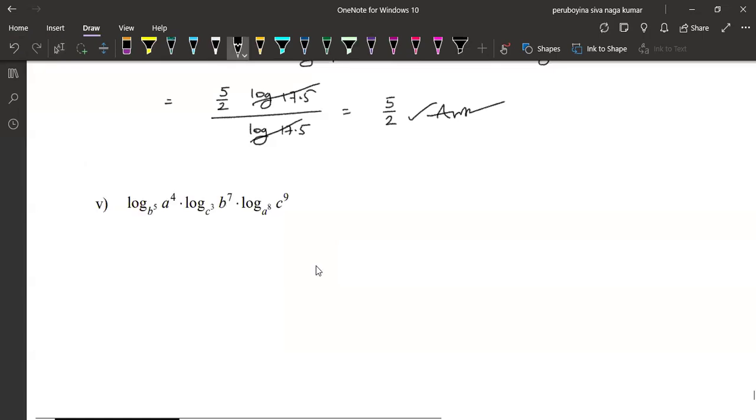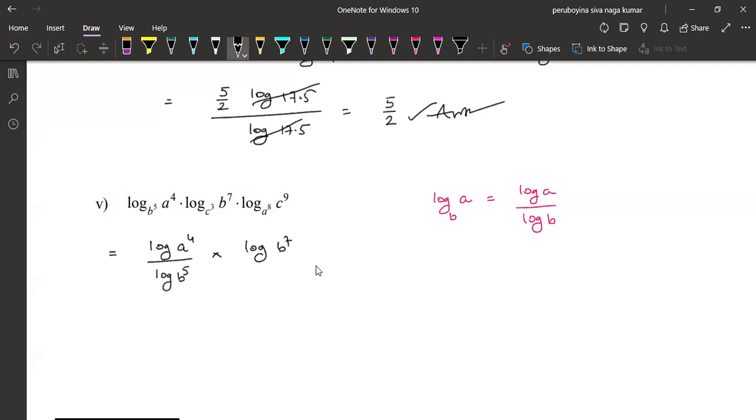Now you can see this problem. Here I am going to use the property: if log a base b is there, you can write log a by log b. So the first number, log a power 4 by log b power 5 multiplied by log b power 7 divided by log c power 3 multiplied by log c power 9 divided by log a power 8.